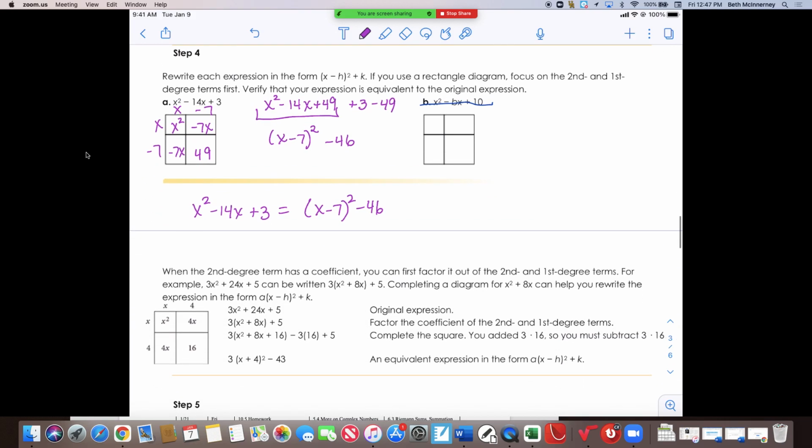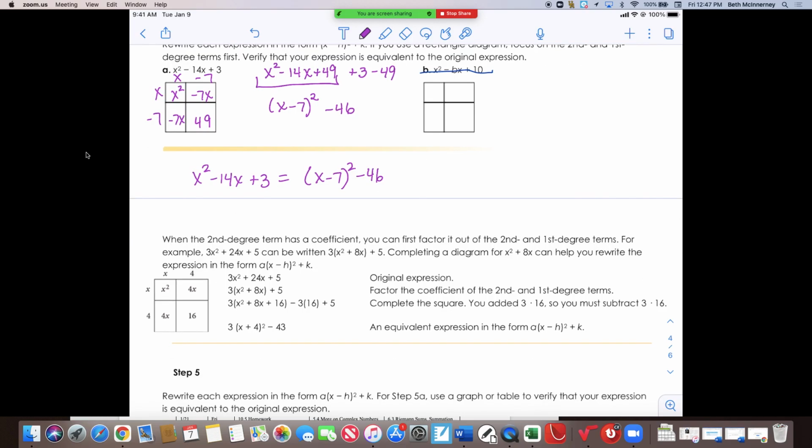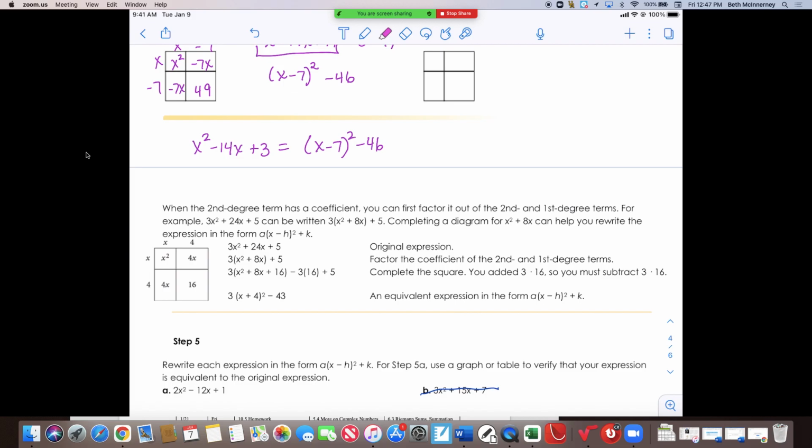All right, so now what do you do if there's a number in front? Okay, what do you do if there's a number in front? Well, the good news is you're going to factor it out, and then you're going to ignore it temporarily, okay? So watch this. If I have 3x squared plus 24x plus 5, and I've already worked this one out, I factored out the 3, so I made it x squared plus 8x. You see that? I'm doing nothing with the 5.